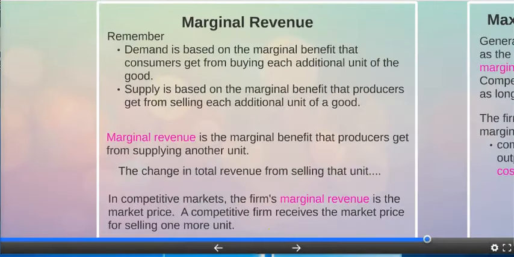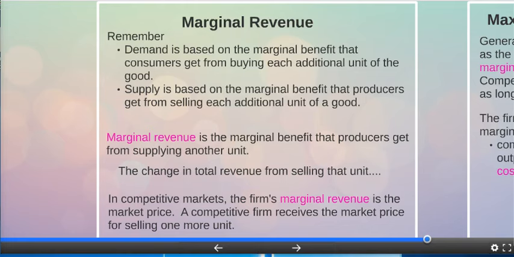Marginal revenue. So to understand how firms work, it may help to draw on what we know about demand. Remember, demand is based on the marginal benefit that consumers get from buying each additional unit of the good. So we buy pizza.